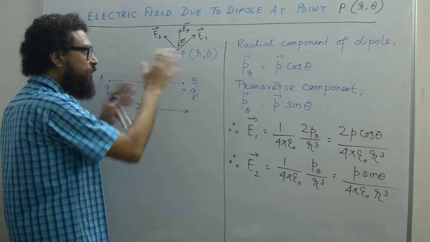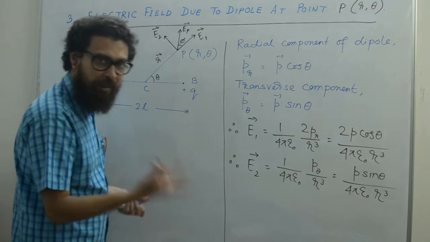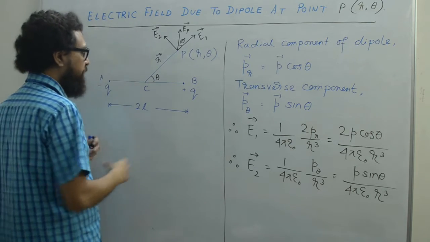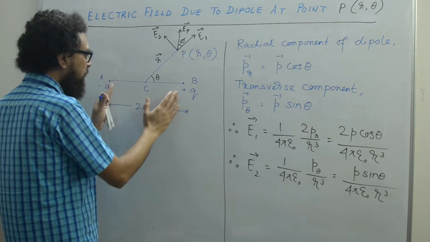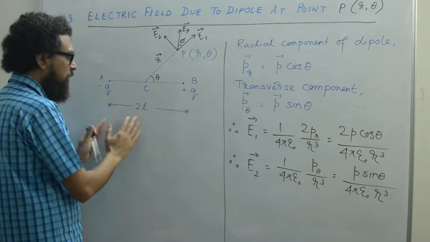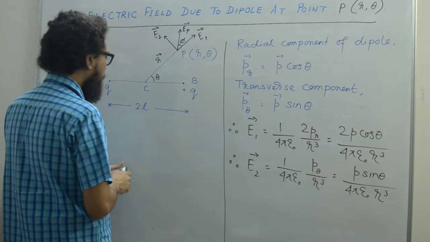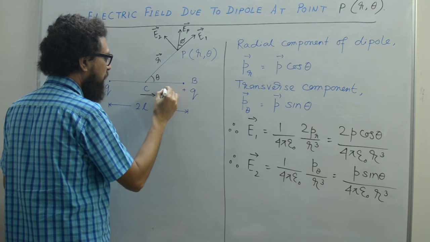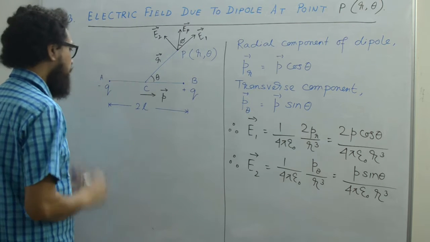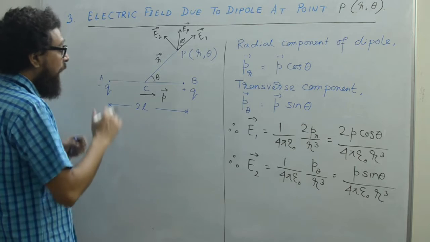And this way we measure point P like x comma y, the same thing. Anyways, so here we have a dipole minus q plus q, 2l and everything, and of course you know about the direction of the dipole moment like this. So this we know. Fine.